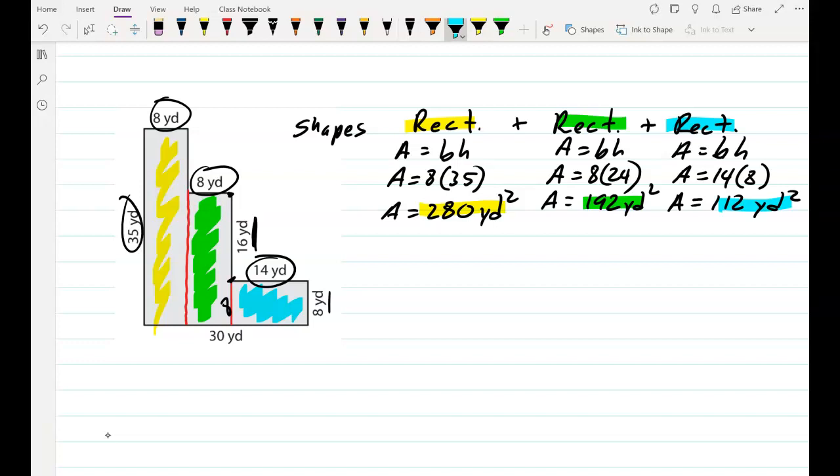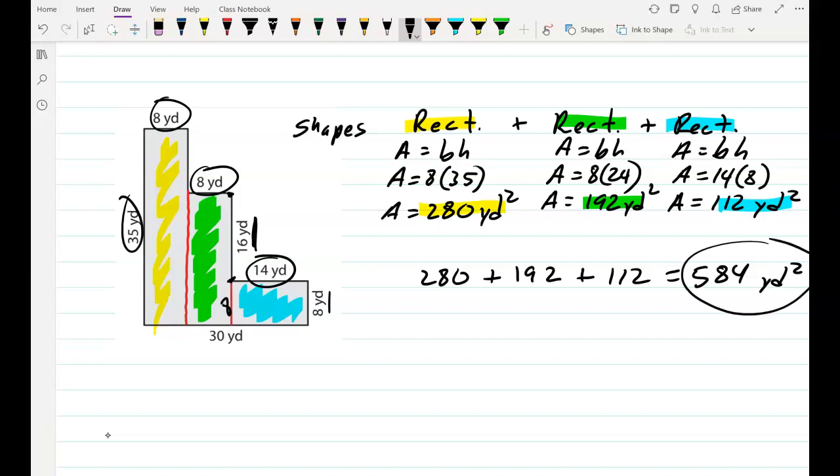Well then, now all we have to do is add up our areas. 280 plus 192 plus 112 equals 584 square yards. And there you have it.